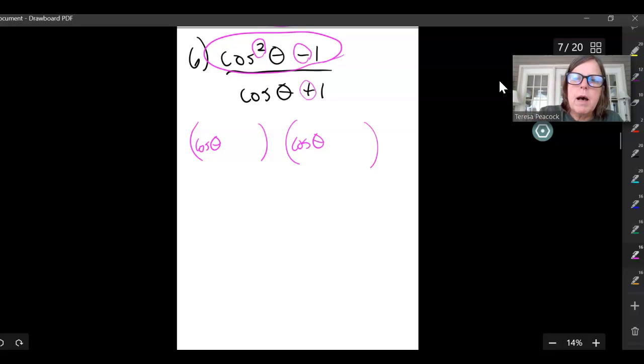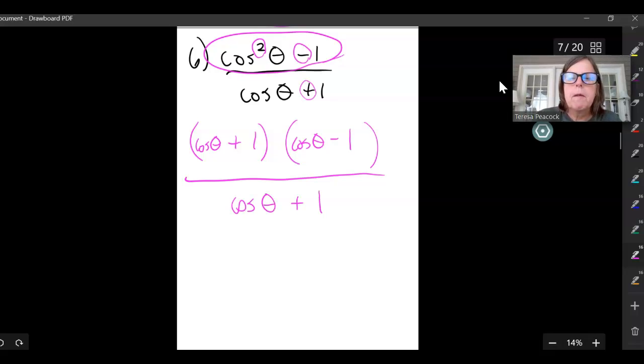And again, because that's a minus, I can do plus and minus or minus and plus. And then a 1 I can get by doing a 1 and a 1. The denominator, I can't simplify any further because that's cosine theta to the first power.